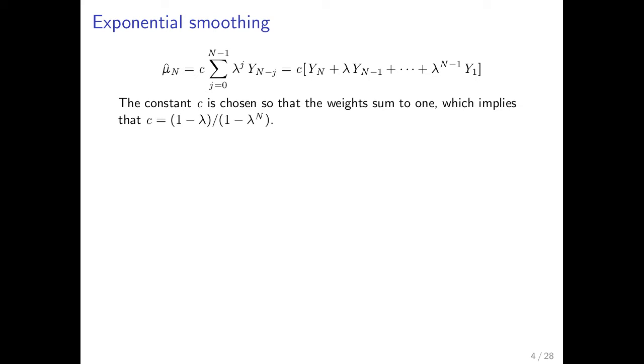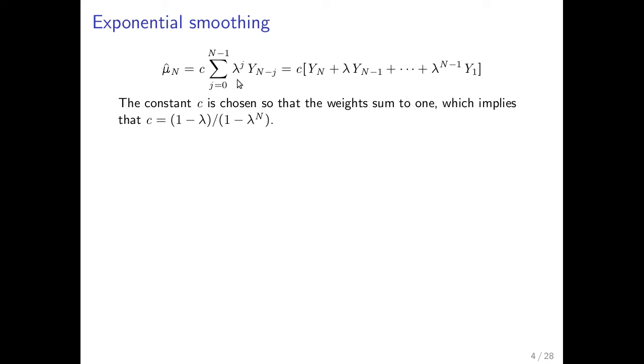How do you do that? You have all your observations, y_n, y_{n-1}, and down. One way is to give them exponential weights, so the weight on each observation gets smaller the further back in time you go. Lambda has to be a value less than 1, of course.